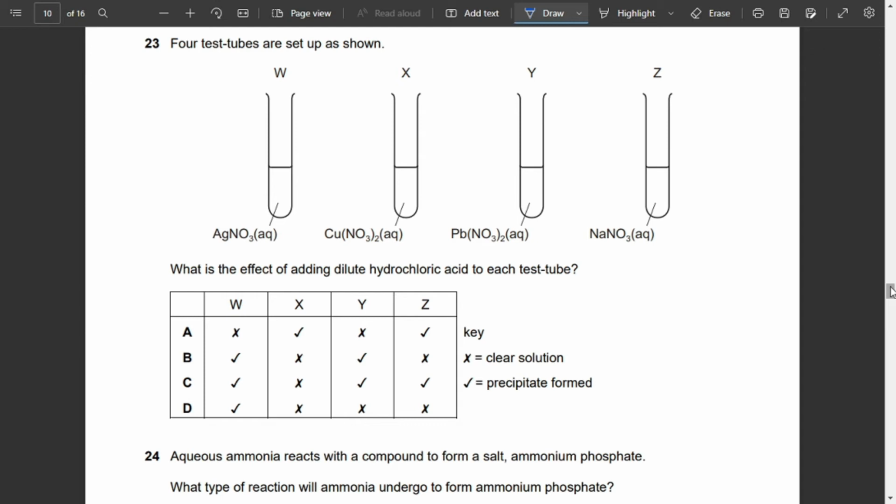So if you're adding hydrochloric acid, which is basically a very strong acid, in silver nitrate, of course it's going to form a precipitate. And then the second one, that is copper nitrate, is not going to form a precipitate.